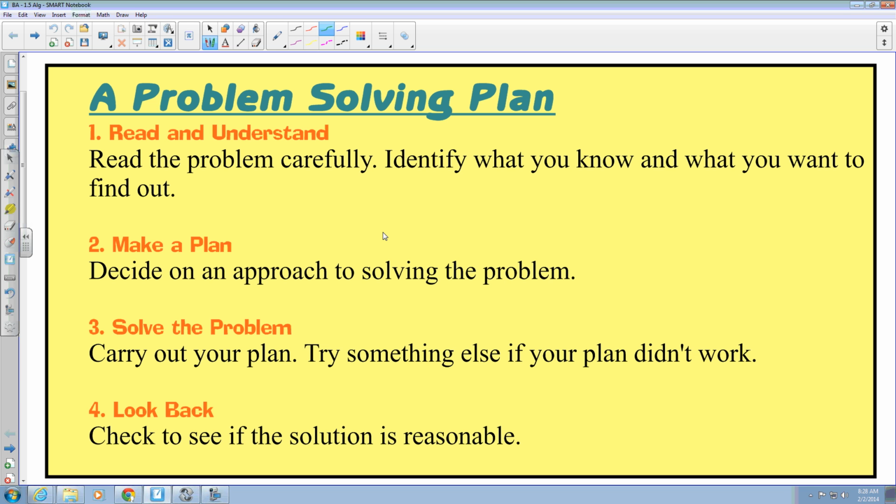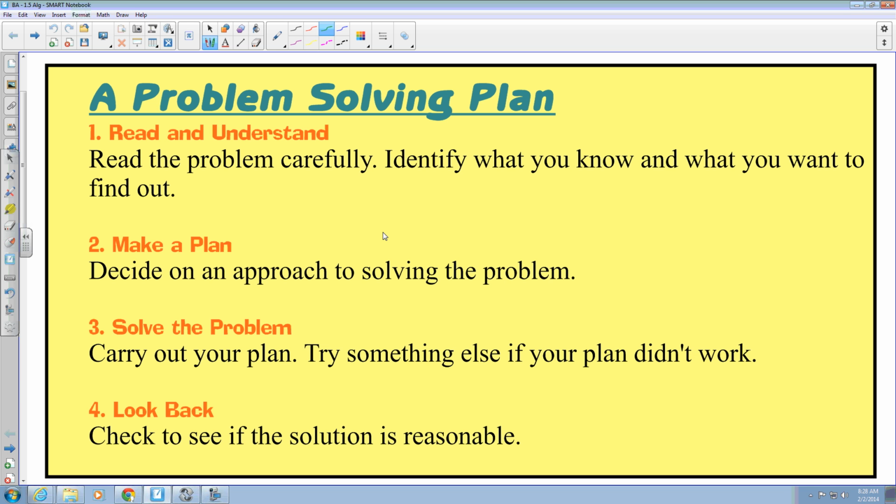So first thing is read and understand. Read the problem carefully, identify what you know and what you want to know. So essentially, you're going to decode in that problem what we're going to solve and what we know in order to solve it.